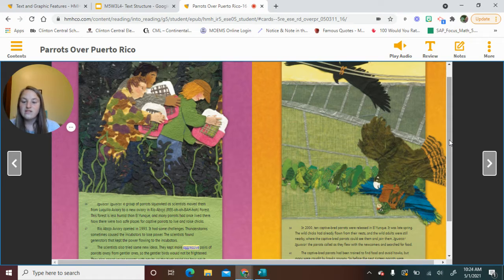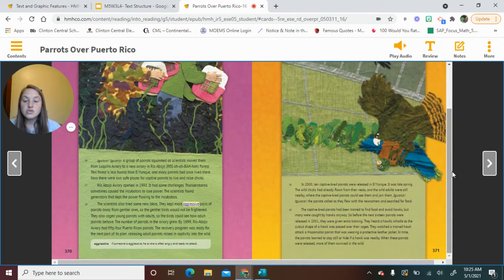Now there were two safe places for captive parrots to live and raise chicks. Rio Abajo Aviary opened in 1993. It had some challenges. Thunderstorms sometimes caused incubators to lose power. The scientists found generators that kept the power flowing to the incubators.